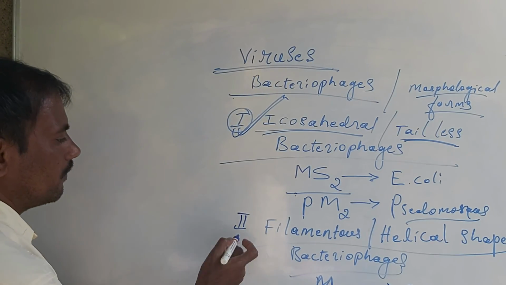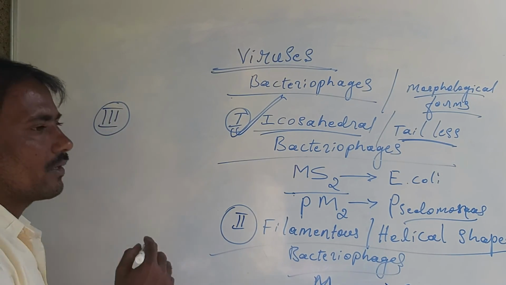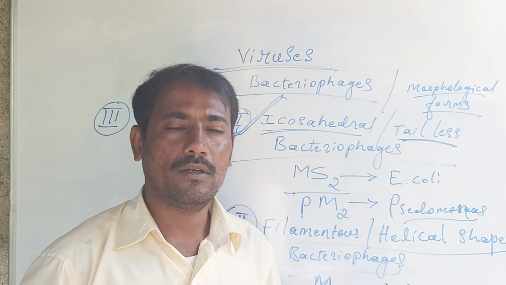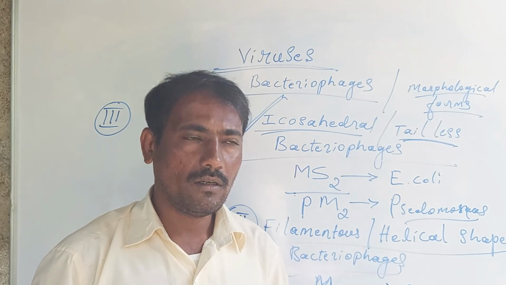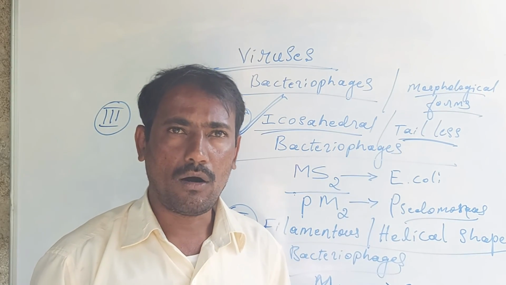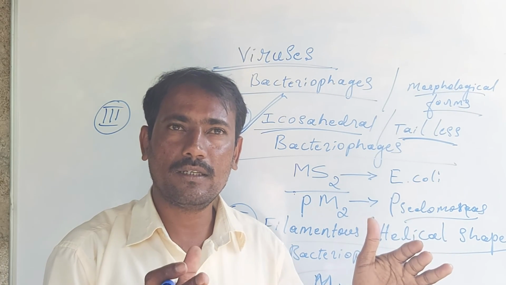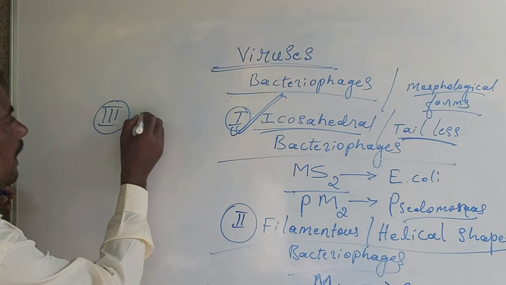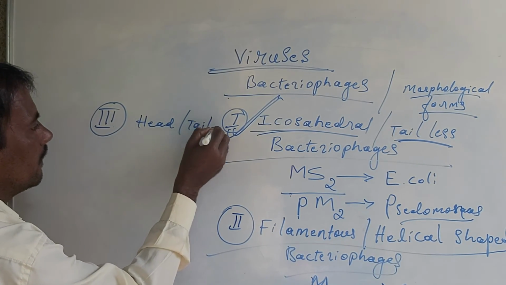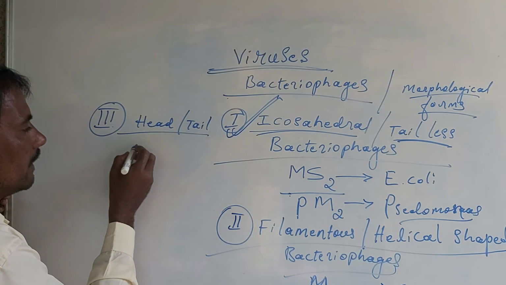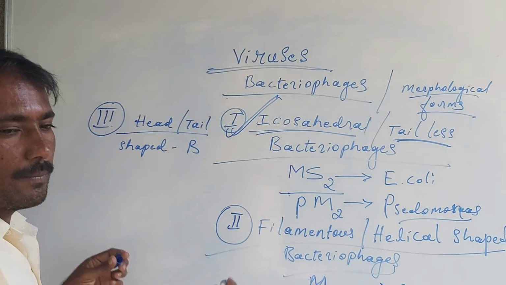Another morphological form of bacteriophage is that some bacteriophages exhibit a head as well as a tail. All such bacteriophages are assigned to the third group, the head and tail shaped bacteriophages.